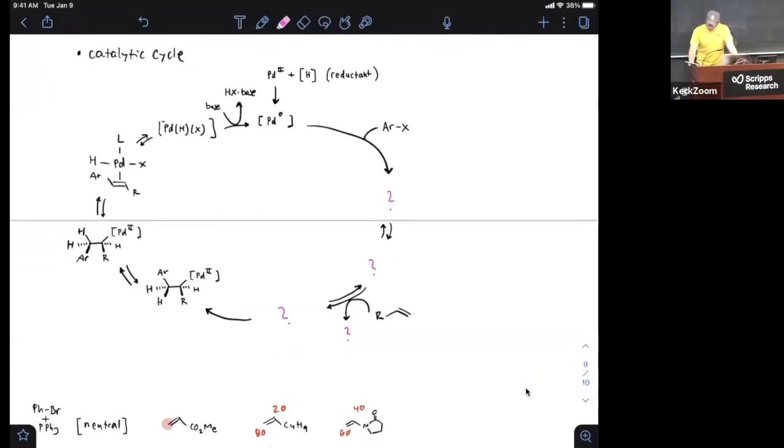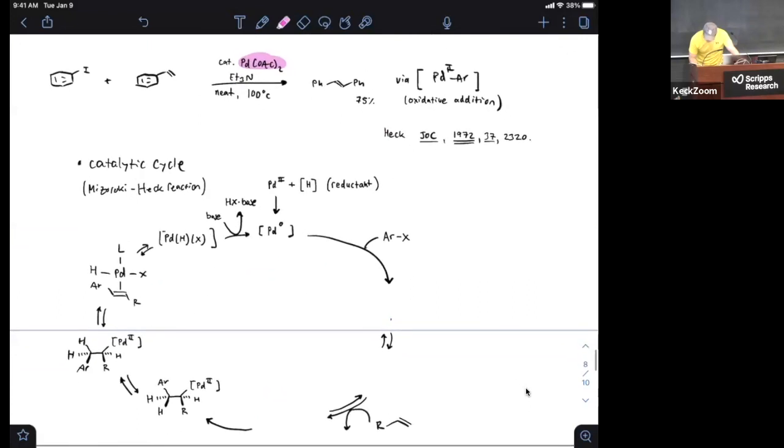Okay, let's now look at the catalytic cycle for this Mizoroki-Heck reaction. Some of it we already have mapped out based on previous discussion, so we'll just walk through in a little bit more granular detail, just so that everyone can see. There's some implicit step where the palladium-2 precatalyst is reduced. In the case of this first example by Heck, that is happening by the triethylamine base serving as the reductant.